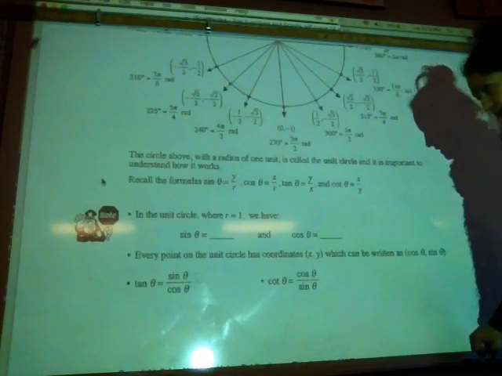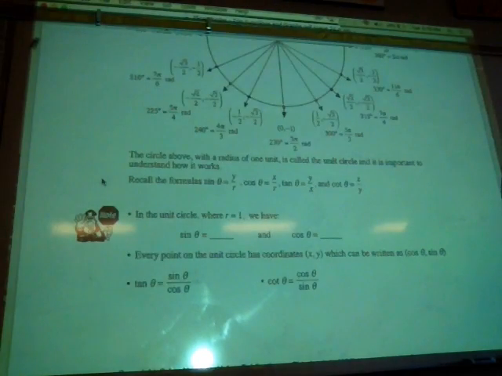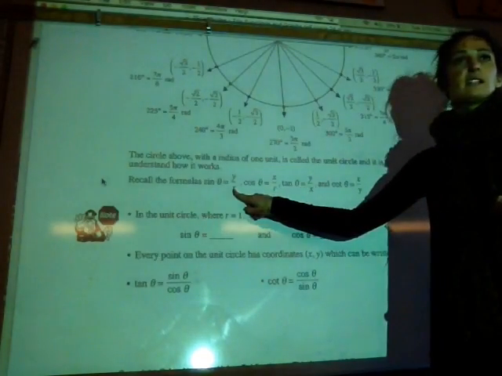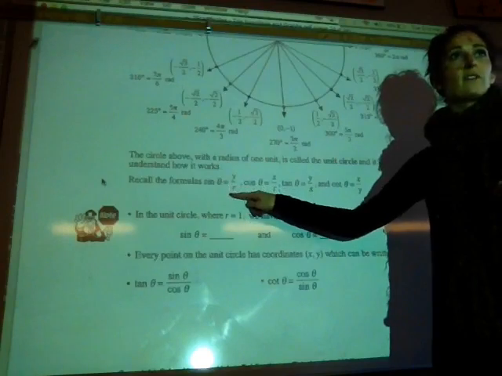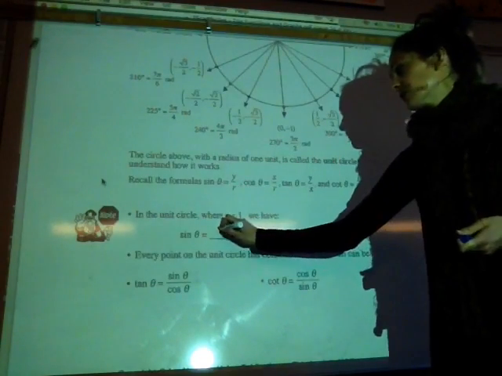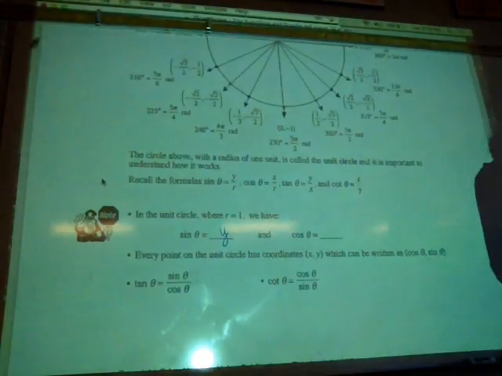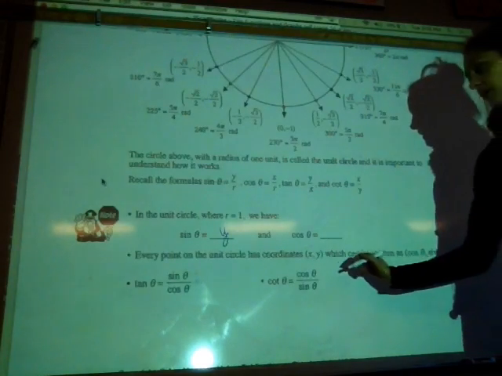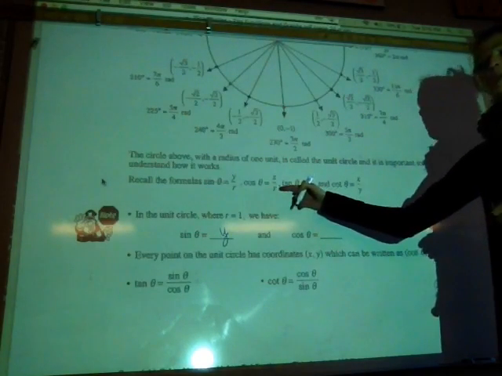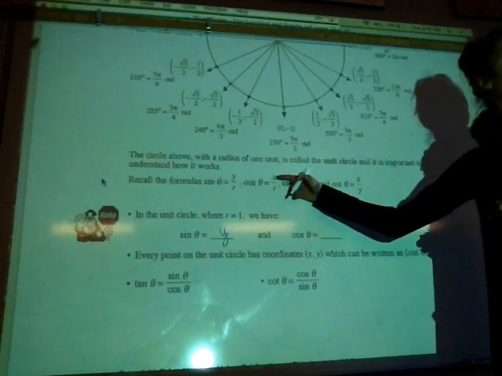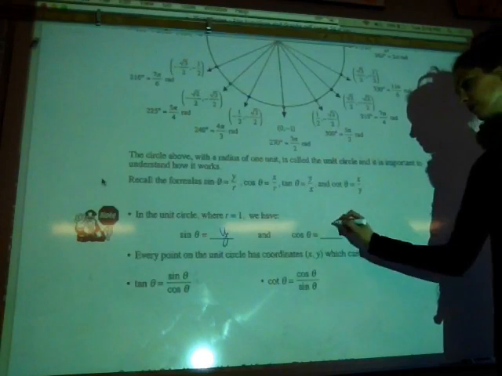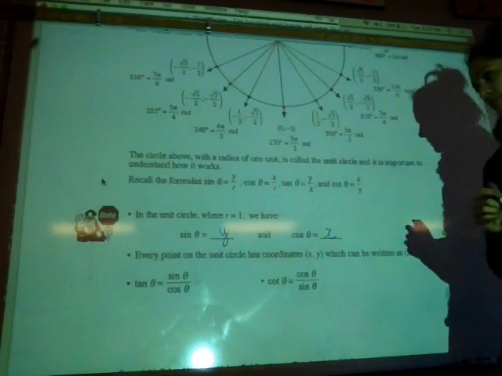Okay, if we're looking at the unit circle, the radius is 1, or the hypotenuse is 1. So instead of having these r's here, they're 1. So y over 1 is just y. So we can conclude that sine theta is equal to y. And cosine, if we put 1 in for our r, we would just have x over 1. So cosine is just x.